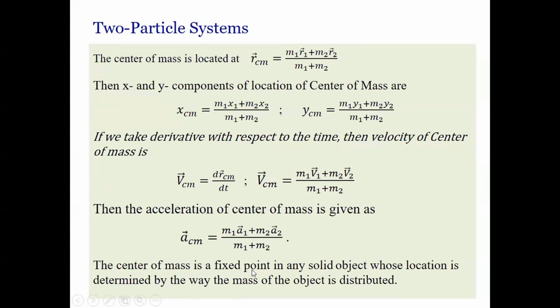So for the center of mass of any solid object, whose location is determined in the way shown above, we can find the velocities and we can find the accelerations if we know the time dependence of these r coordinates.